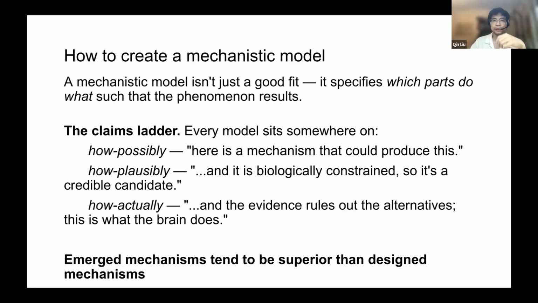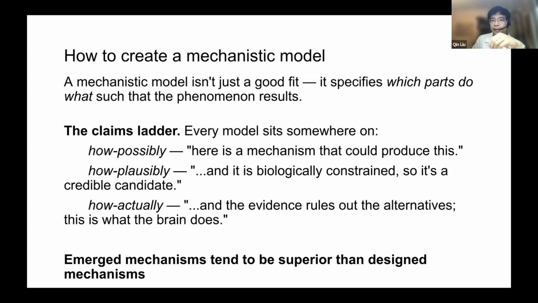And then after building this model, we need to consider some more sophisticated issues. For example, by producing a brain function with a hypothetical mechanism, we only show this is one possible way the brain functions.